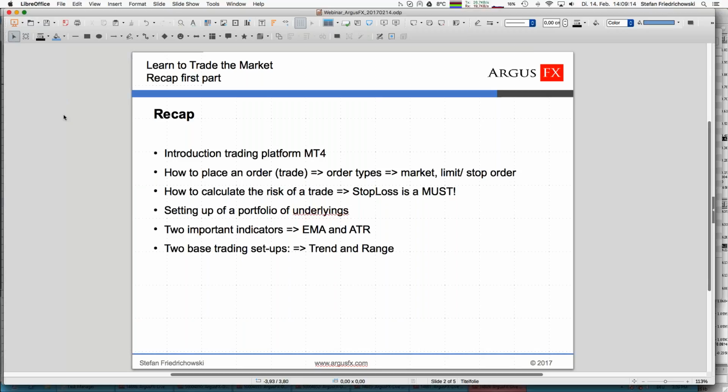The other indicator has been the so-called ATR, average true range, and that indicator is a measure of the volatility of a market. That volatility is quite important as well, because think about a market which is highly volatile, which means price goes up and down on short time scales. Already you have huge movements in the market. That means having a stop loss which is tight will not really help.